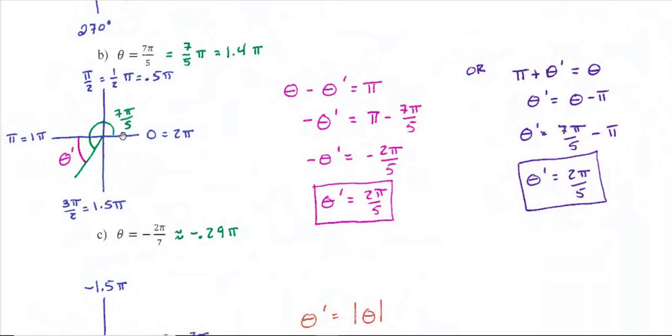Another way you may see is if I went pi plus theta prime, I would have done my entire green angle. So pi plus theta prime equals theta. And so then you can plug in that theta is 7 pi over 5, subtract pi from both sides, and you would still get 2 pi over 5. So there's different ways of mathematically being able to calculate what your theta prime is.